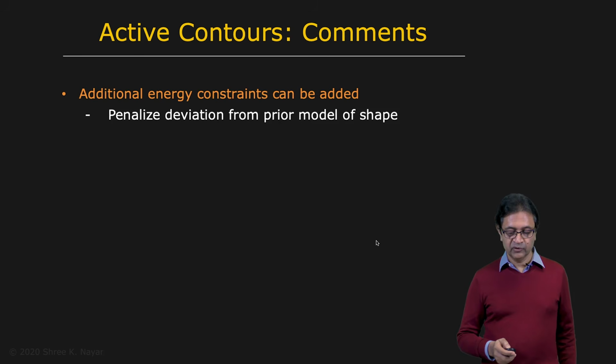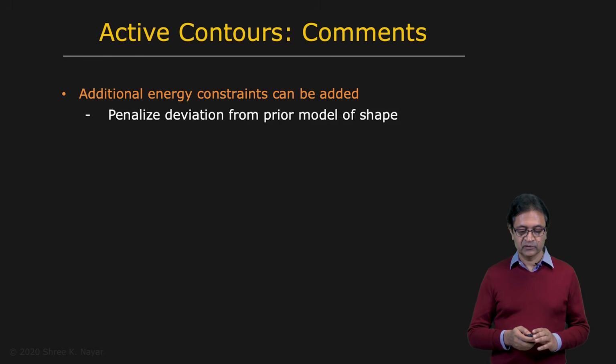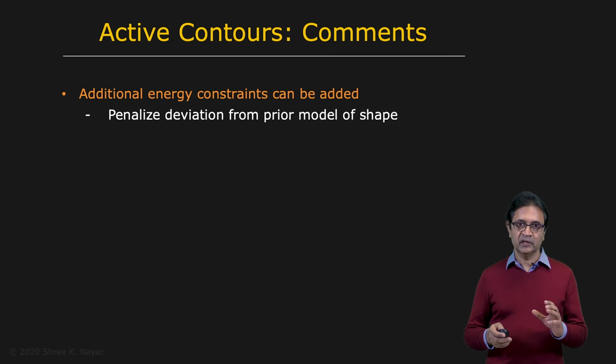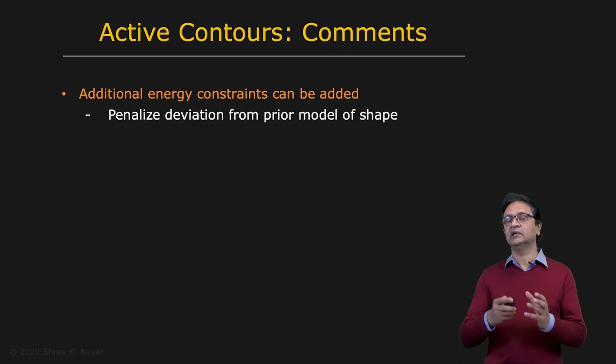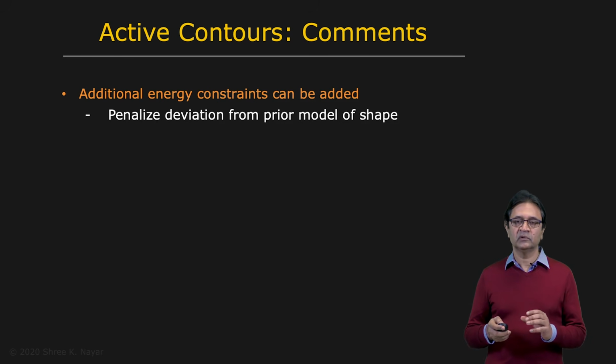Okay, so now a few comments related to active contours. The first thing is that you can modify this formulation in many different ways. Firstly, you could also add an extra term that penalizes the deviation of the contour from a prior model of the object. Let's say you had a pretty good idea of what the object actually looks like, its boundary.